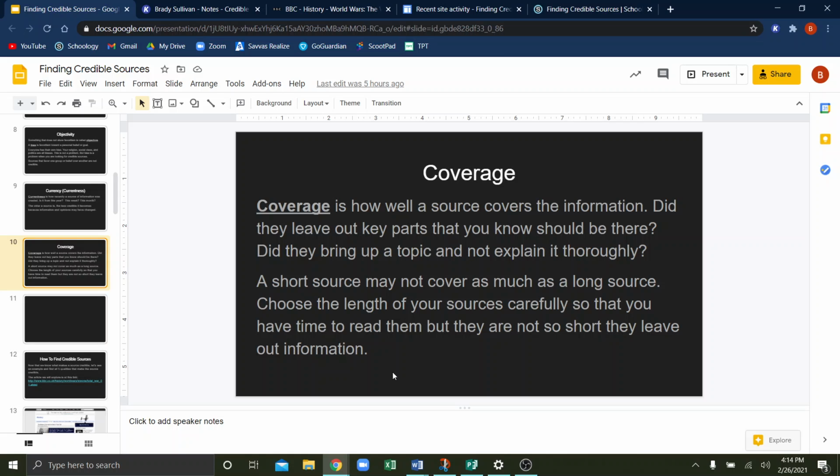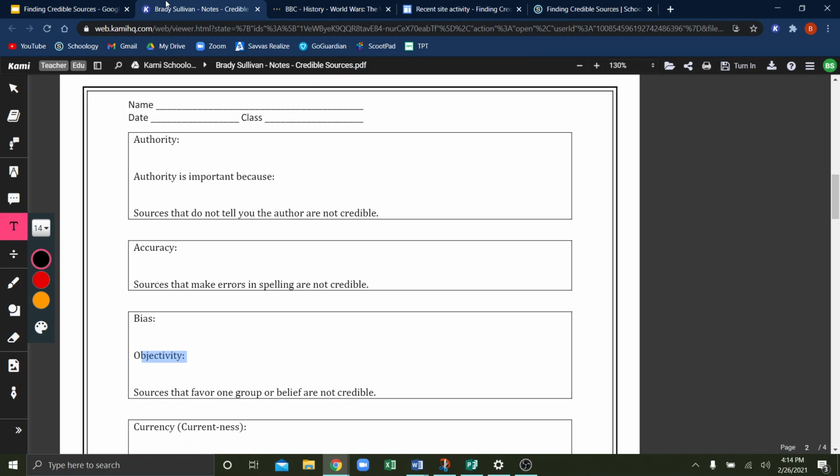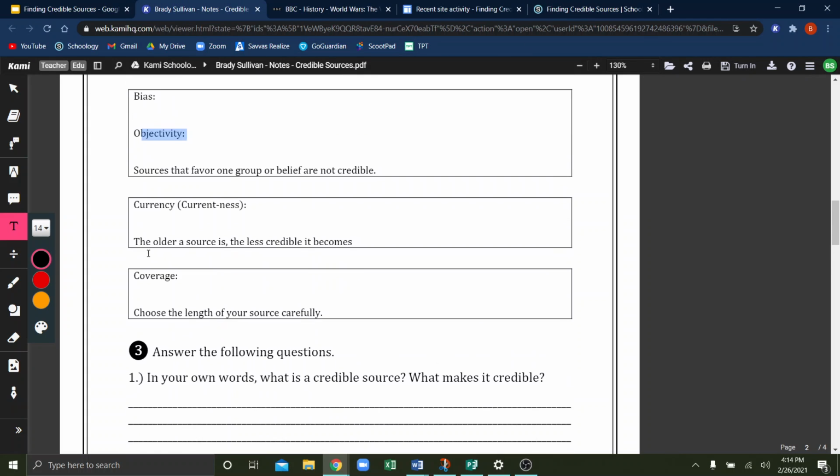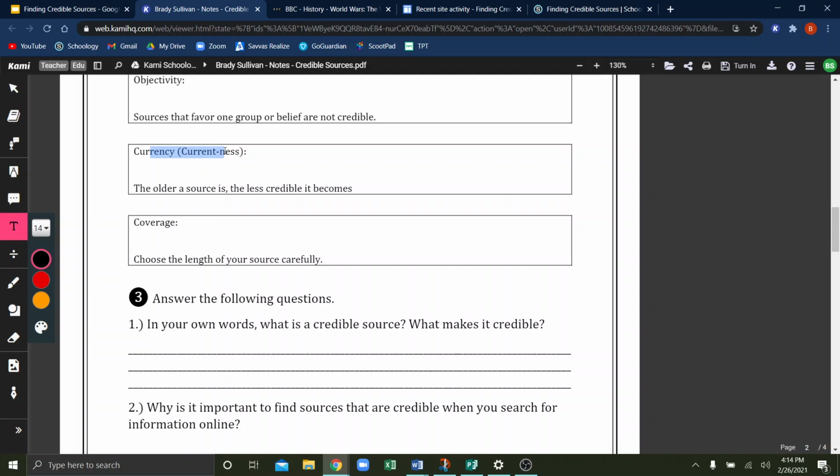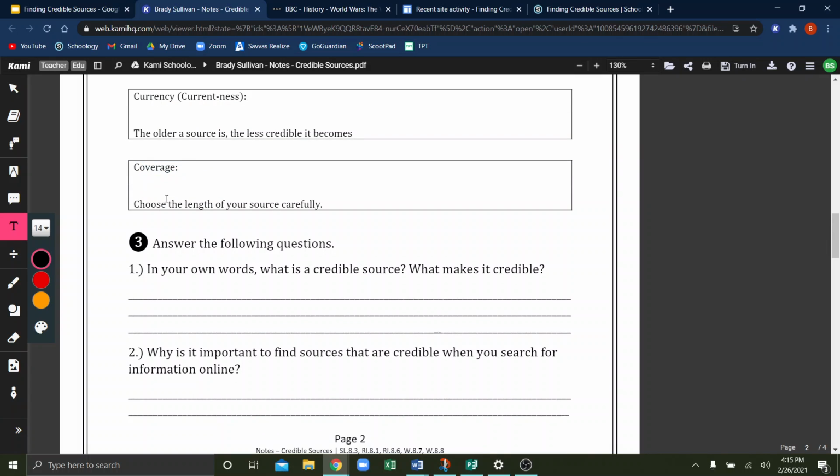We're going to talk later about sections. If your source is so small that it doesn't break its information up into different sections, then it does not cover enough. Let's make sure that we wrote down those last 2 parts. Currency is how recent something is. Coverage is how well it covers the source. Okay, is it long enough?